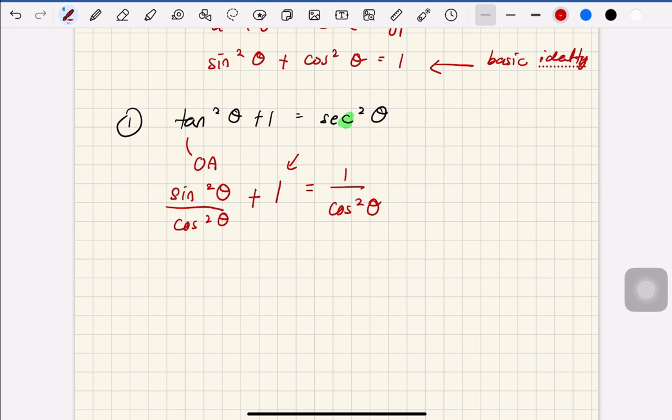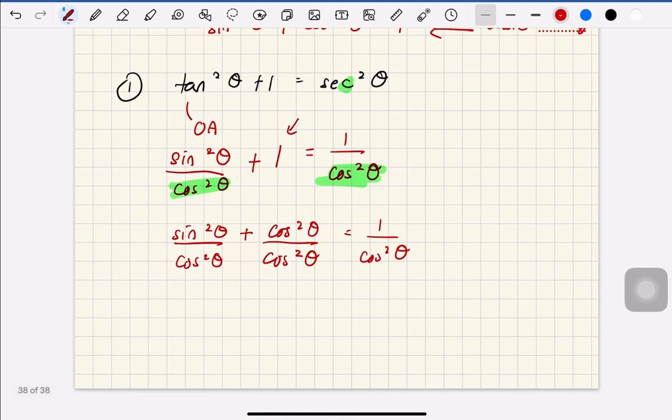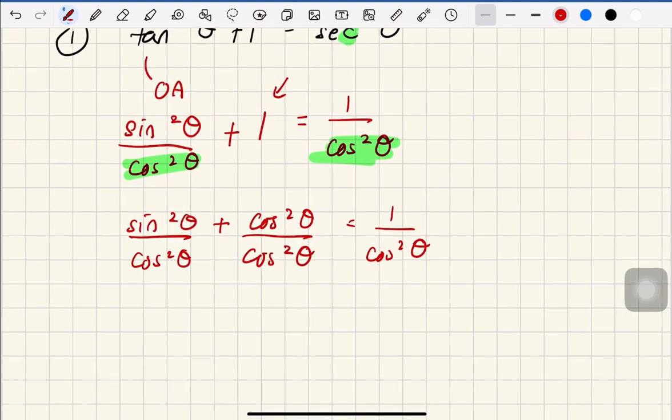How about we make everything become cos squared theta? Agree? So 1 becomes cos squared theta over cos squared theta, and the right side is 1 over cos squared theta. Everything is nice and pretty.